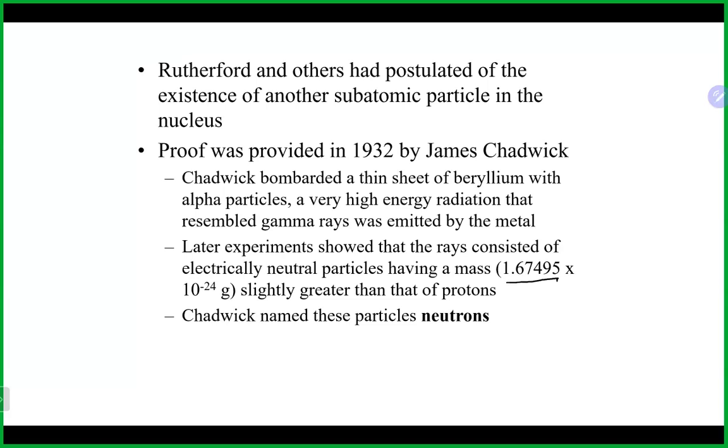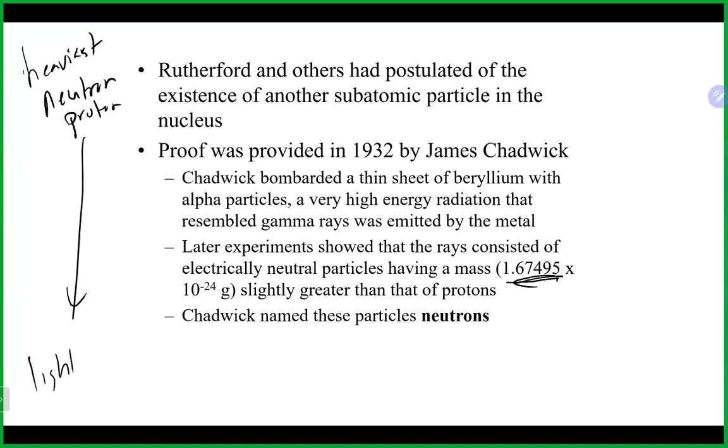Now, when we talk about this number and why it goes out so far, it goes out so far because it slightly beats the proton in terms of mass. So actually the heaviest particle is the neutron, followed really closely by the proton. Then way down here, the lightest is the electron, again about 1,800 times less massive than a neutron or a proton.